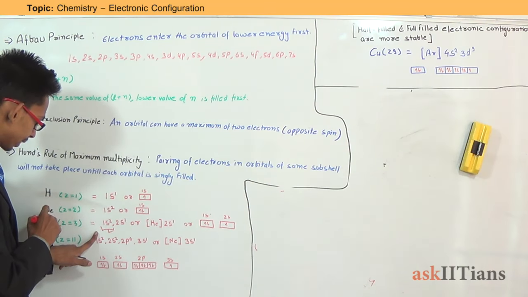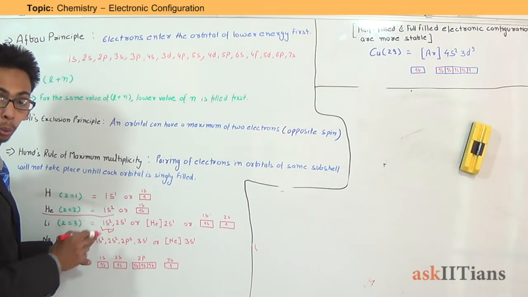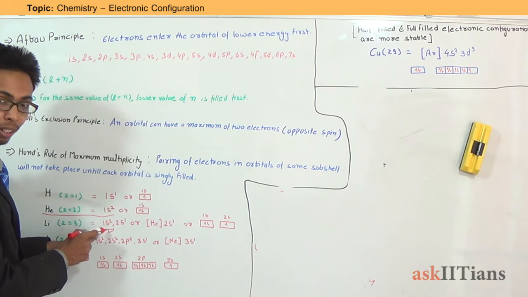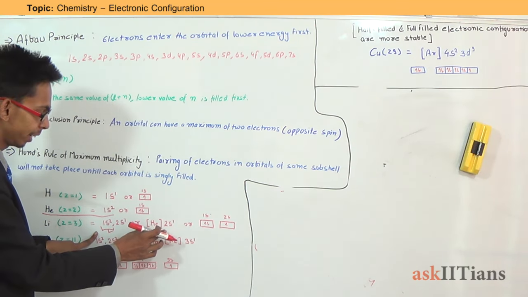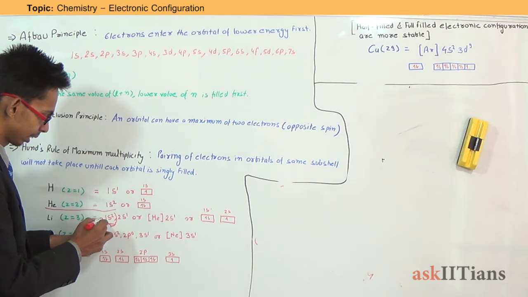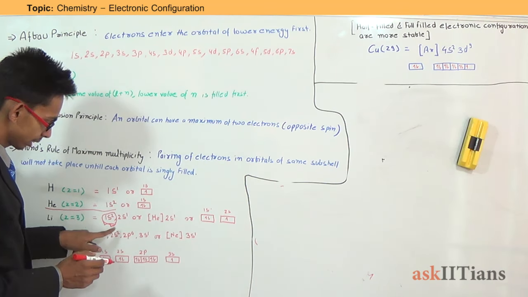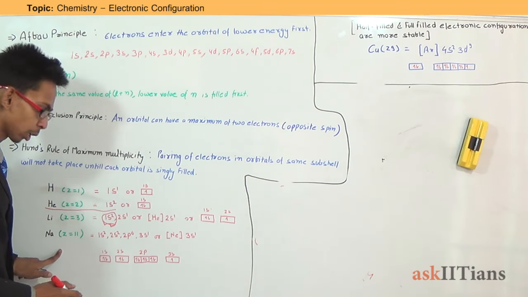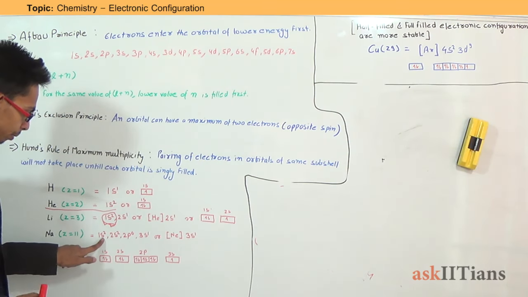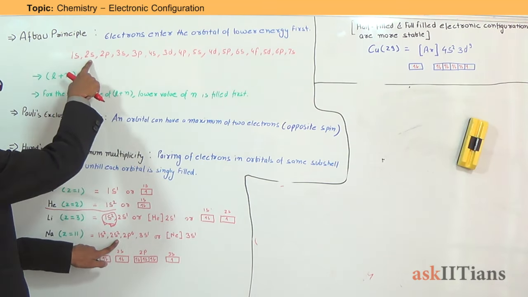What was the electronic configuration of helium? That was 1s2. So we can represent this 1s2 part by writing helium, and the remaining part is written after it. Similarly, we talk about sodium.